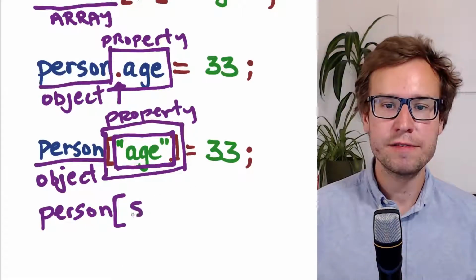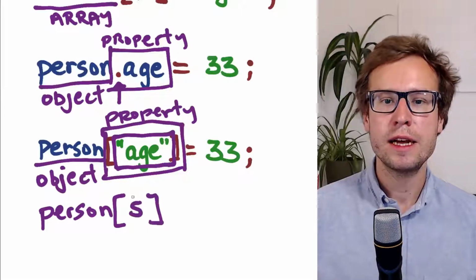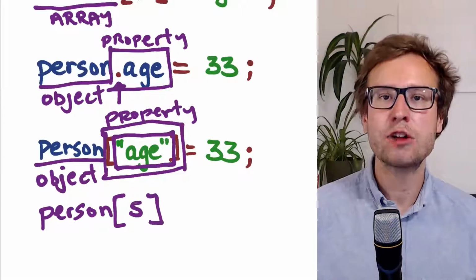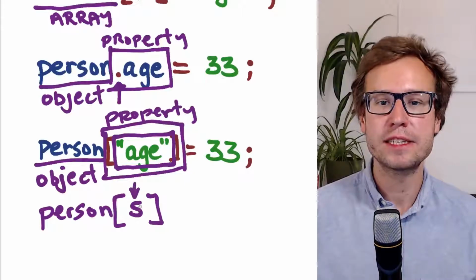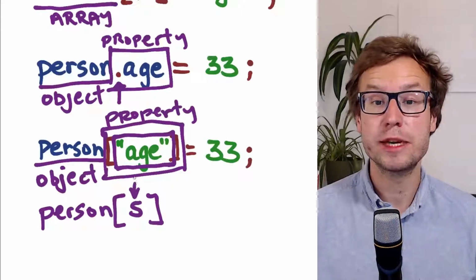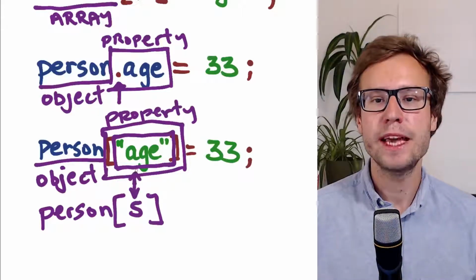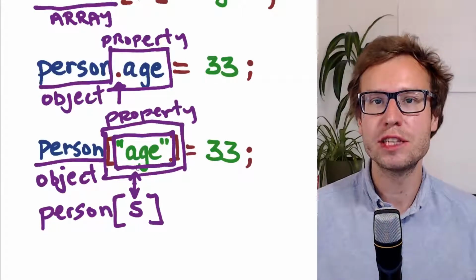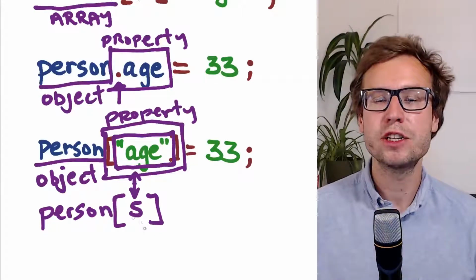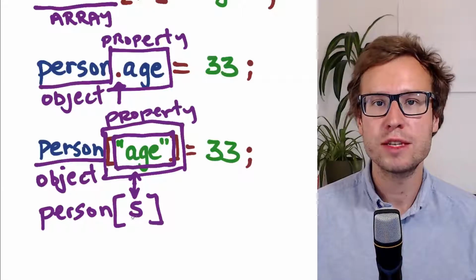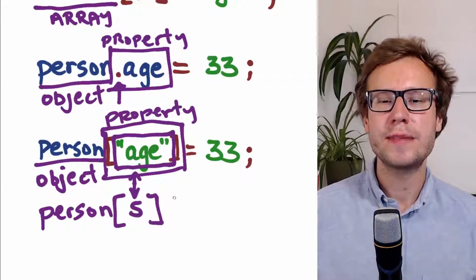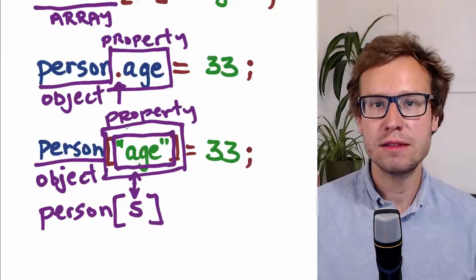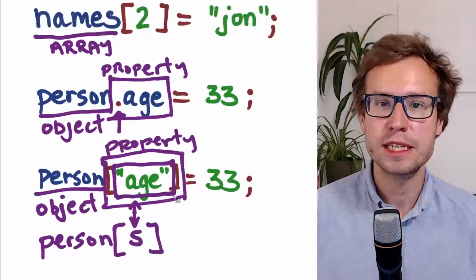Suppose I have a variable s, then this is allowed because s has some value as an expression that is going to evaluate to, just as here age is a string, so we gave this literal value age, but it could have been a string that was stored inside of a variable. That's just a side note to say that this is a sub-expression basically.